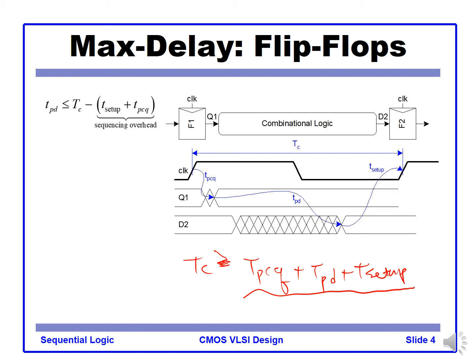So this equation will lead to the final inequality. The smaller the setup time and the smaller the clock to Q delay, the more time you get for the logic operation. This is the sequencing overhead. Smaller values lead to longer time for the combinational logic.